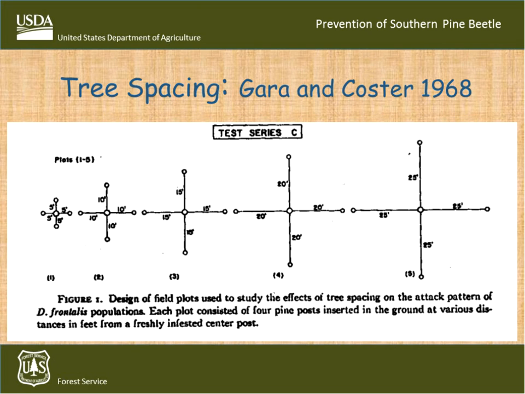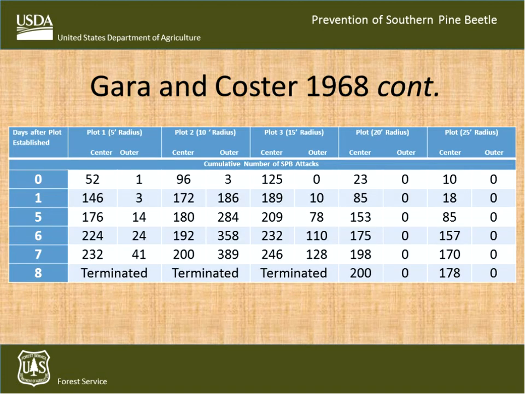In 1968, Guerra and Koster did this study where they had infested trees in the center of their plots, and then they looked at adjacent trees 5 feet, 10 feet, 20 feet, all the way up to 25 feet out. So the adjacent trees were spaced at greater distances from the infested tree.